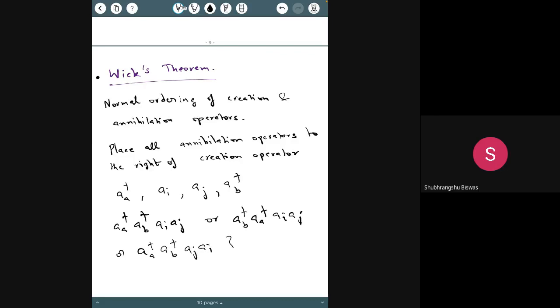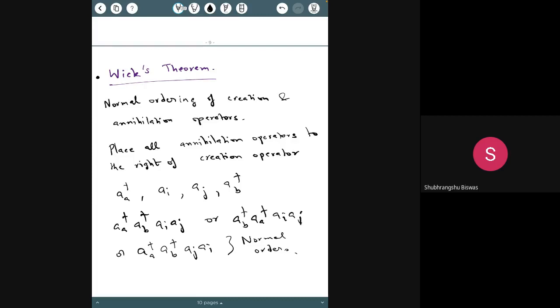All of them are normal order, so it's not a very specific order. It just tells you that you must place all annihilation operators to the right of creation operators.